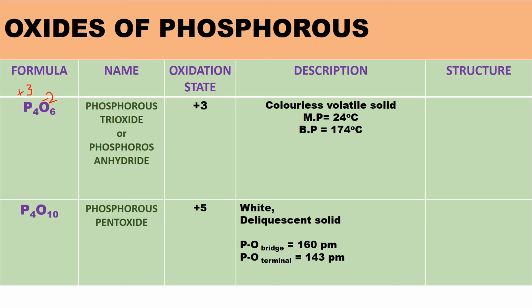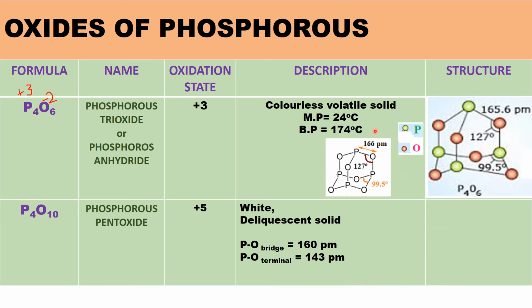It is a colorless volatile solid. Its melting point is 24 degrees Celsius and its boiling point is 174 degrees Celsius. Its structure is shown here: phosphorus, then oxygen, then phosphorus, oxygen, and so on.